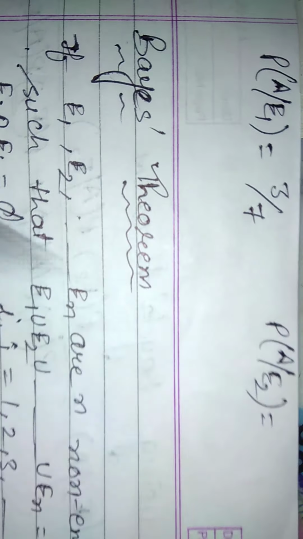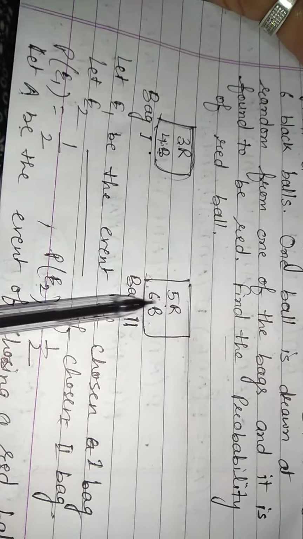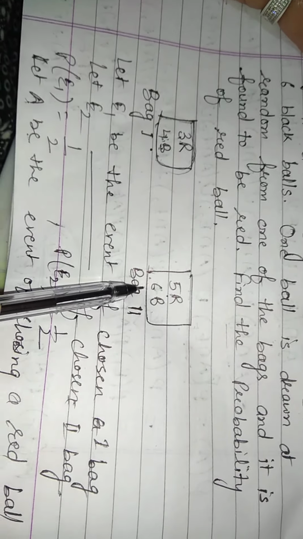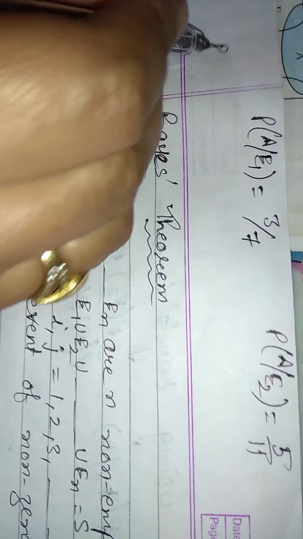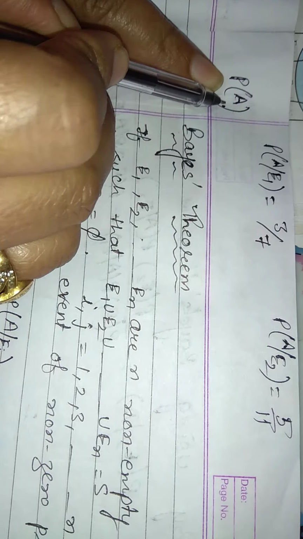If we take a red ball from the second bag, P(A|E2), in this 5 are red and total are 11. So the probability of finding a red ball is 5 upon 11. We have to find the probability of a red ball. A is the event of finding a red ball.